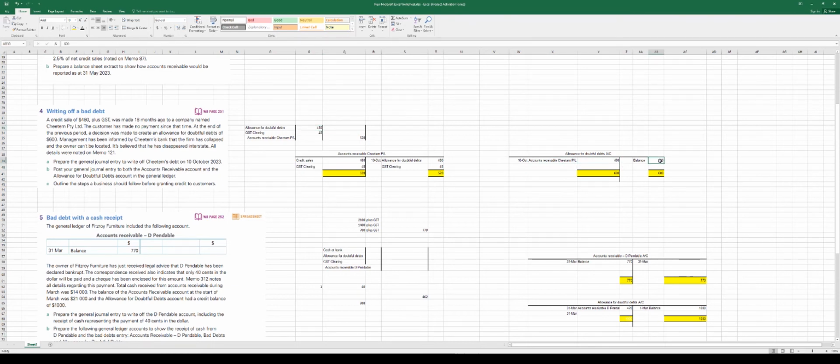Now we have the balance of 600 as allowance for doubtful debts, but $480 of them has turned into bad debts. So that means that the balance for the allowance for doubtful debts is $120 left. And that's how we have to carry forward that balance to the next period, so that 120 becomes the balance for the next period.